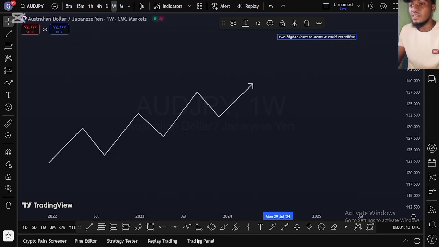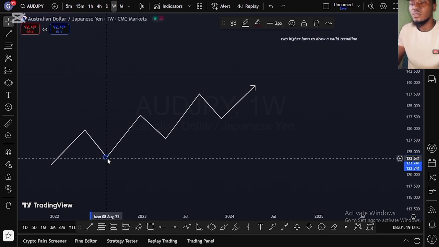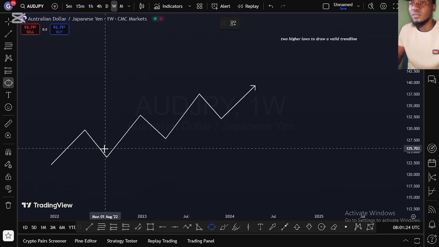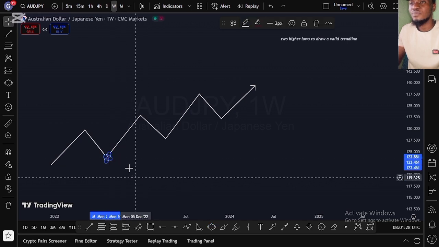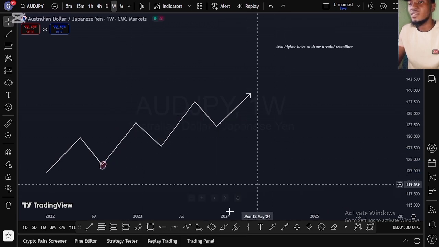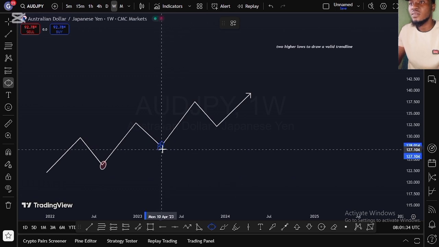What that implies is this, meaning you need two lows like this one. Oh, sorry, I didn't pick that. Okay, so that's one point. Here is another point. Sorry, that didn't work.